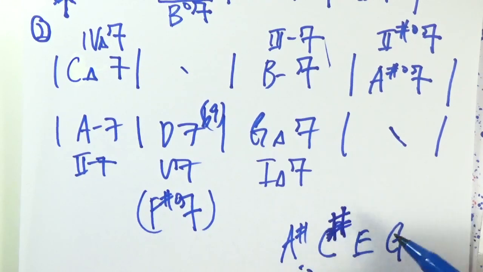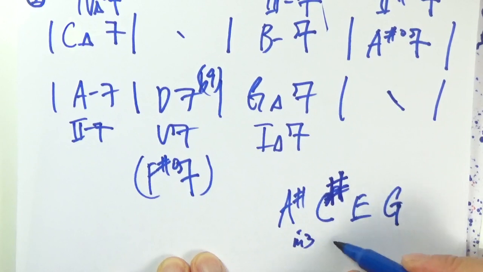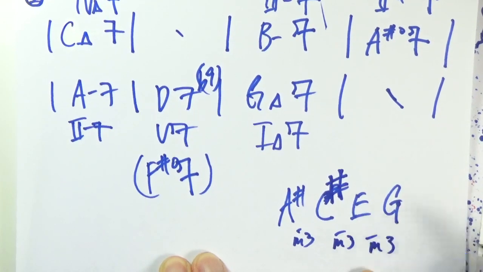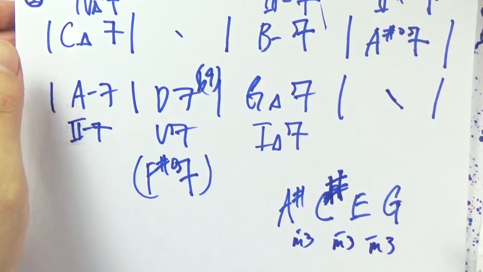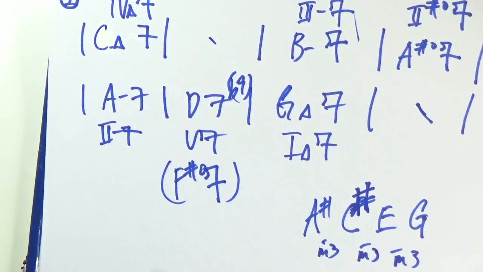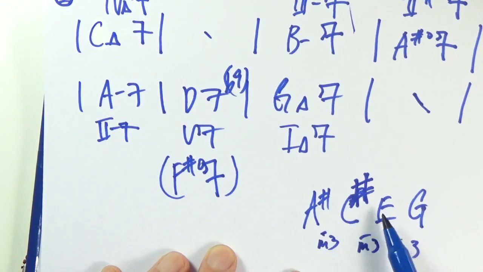Okay, sorry about that. So A sharp, C sharp, minor 3rd, C sharp to E, another minor 3rd, and then E to G, minor 3rd. Gosh, I hope I haven't made mistakes that fatal in other videos. Be sure to leave a comment if I made any mistake. So A sharp, C sharp, E, G.